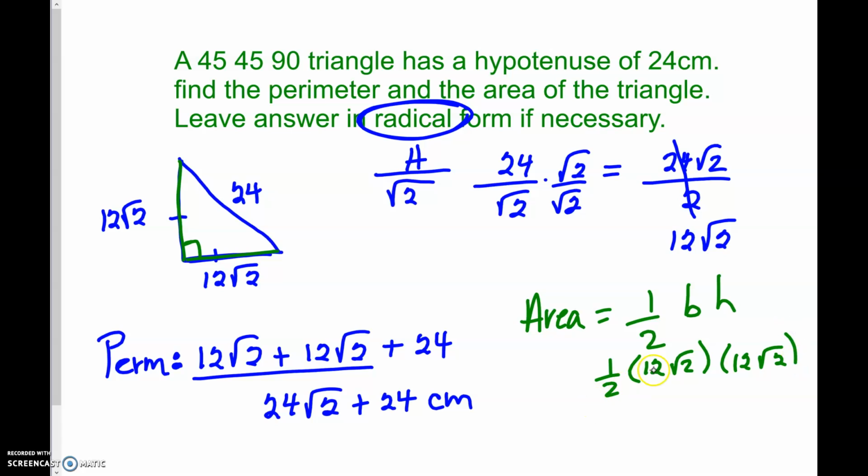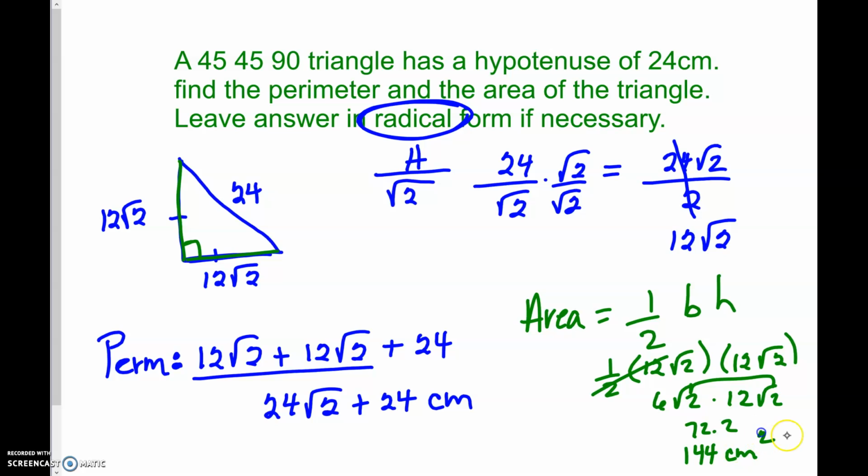All right, so I'm going to do 1/2 of 12 right away and get this to be 6 root 2 times 12 root 2. So when we take 12 times 6, we get 72. And then root 2 times root 2 is 2. So 72 times 2 is going to give us our 144, and this is area, so it's going to be centimeters squared.